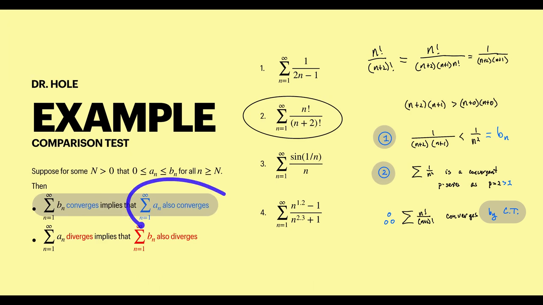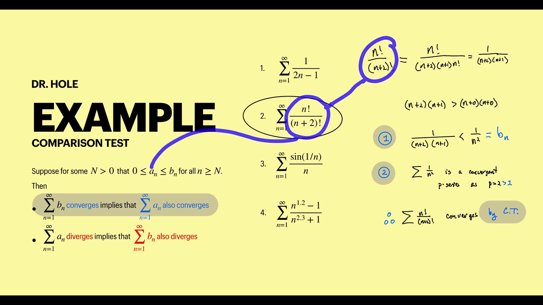We want to conclude convergent. So these terms here are the ANs. Let's investigate what they look like.